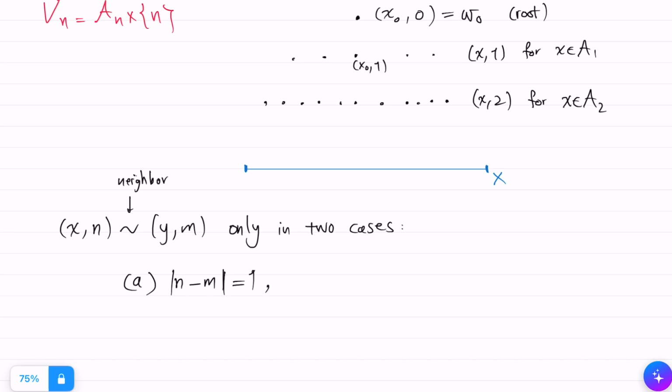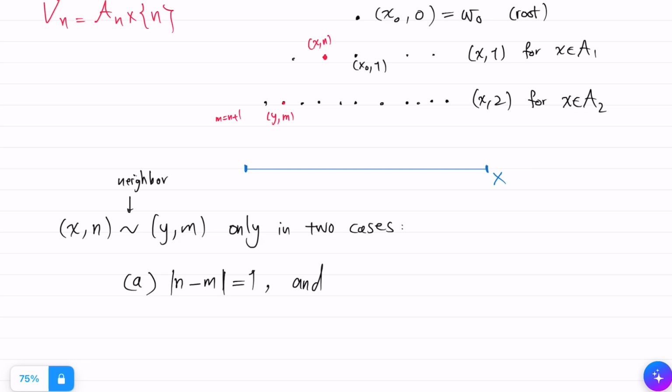So they are different by one level. One of them is at level n and the other is at level n plus 1 or n minus 1. So let's say you are here. This is your x at level n, and then you are here at level n plus 1, which is m, and m is n plus 1.